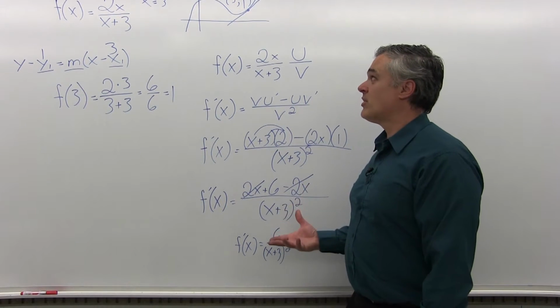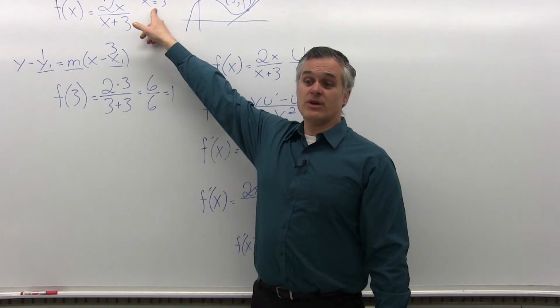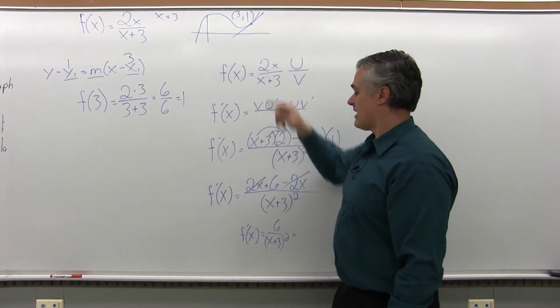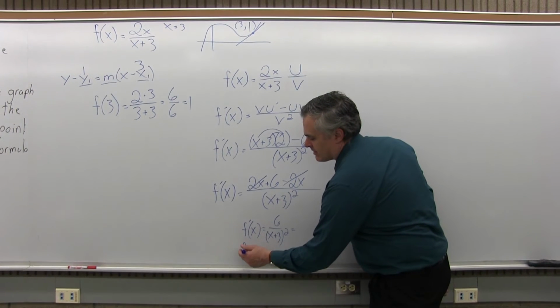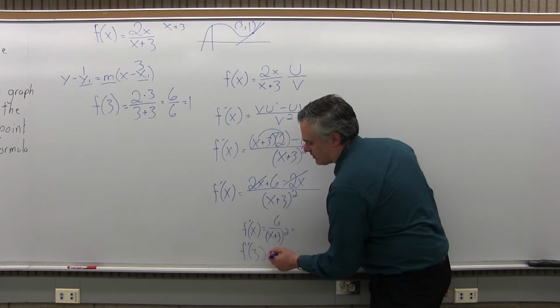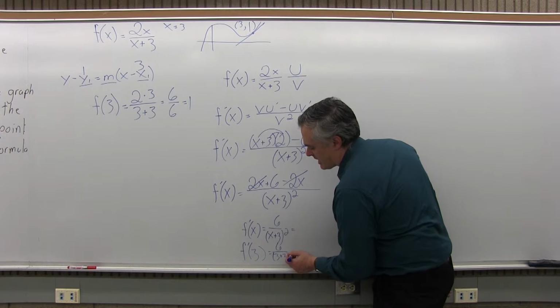So this particular problem says find the value when x is 3. So that'll tell me the slope at that one point, that point that has an x value of 3. So f prime of 3 equals 6 over 3 plus 3 in parentheses to the second power.